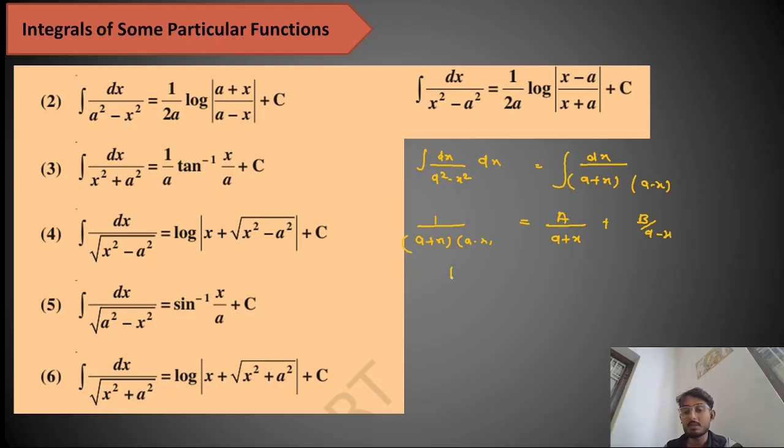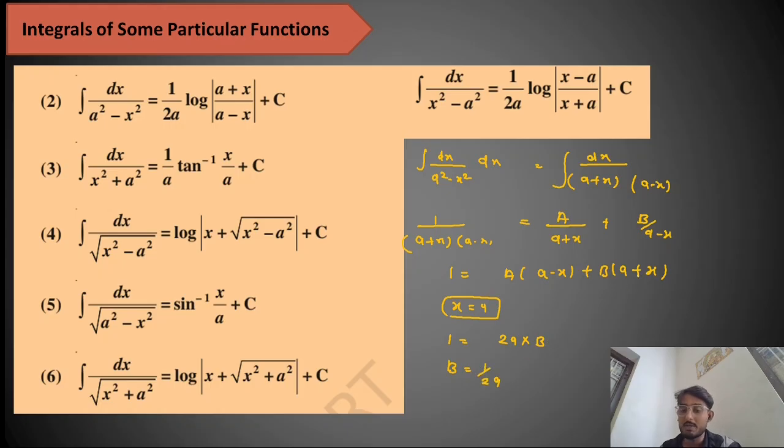When you solve this, you will get 1 equal to A into a minus x plus B into a plus x. Now you can put x equal to a. When you put x equal to a, this term will be cancelled out: a minus a equal to 0, and here a plus a equal to 2a. So 1 equal to 2a into B, so from here B equal to 1 upon 2a.